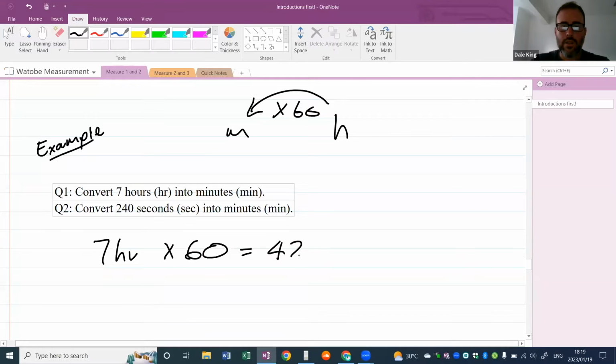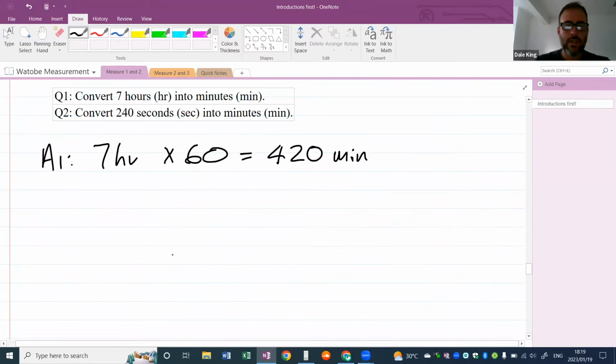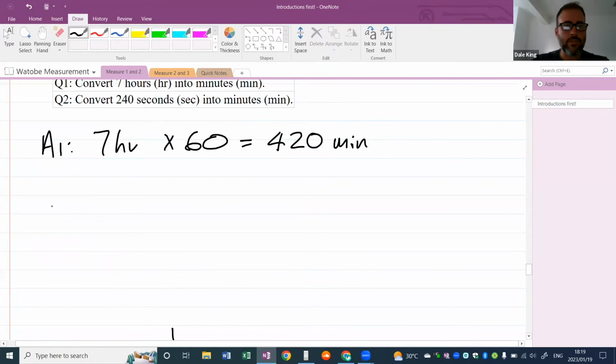And I know Kia is going to remind everyone when you write the answer down to remember the units. Units. Okay. The question wants minutes, so we're going to give them minutes. All right. Nice and easy, not difficult at all. All right. That's the answer for question 1. All right, let's move on to question 2.